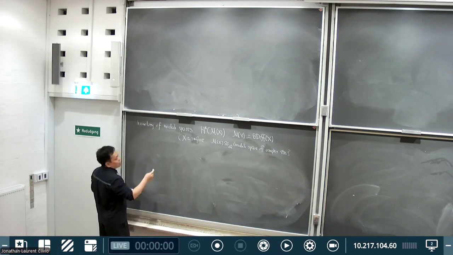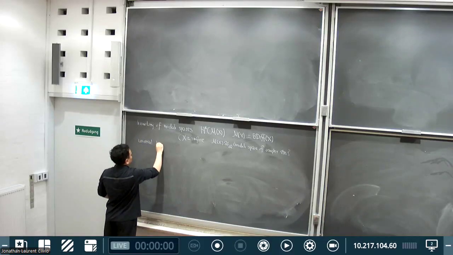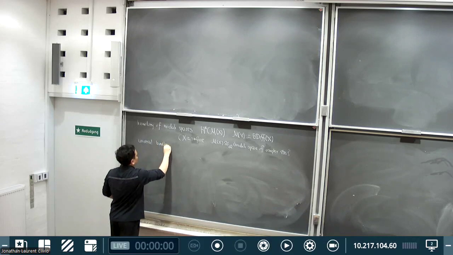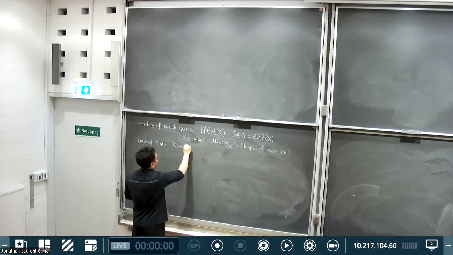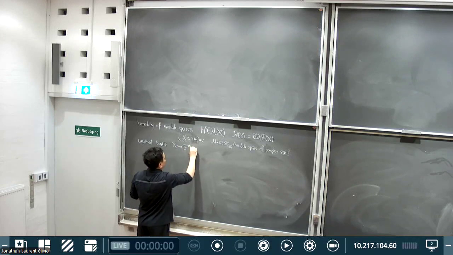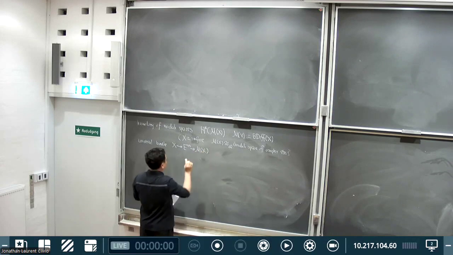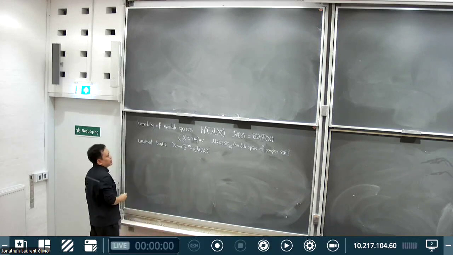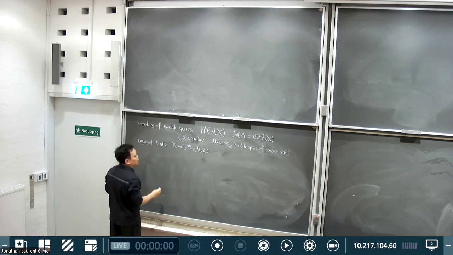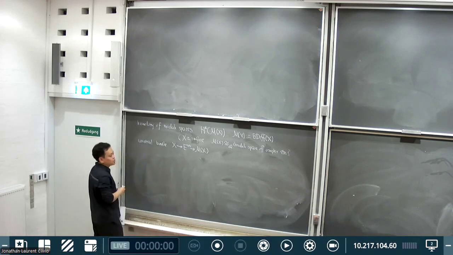Now over this moduli space we have a universal bundle. And there is a specific family of homology classes which are especially useful.